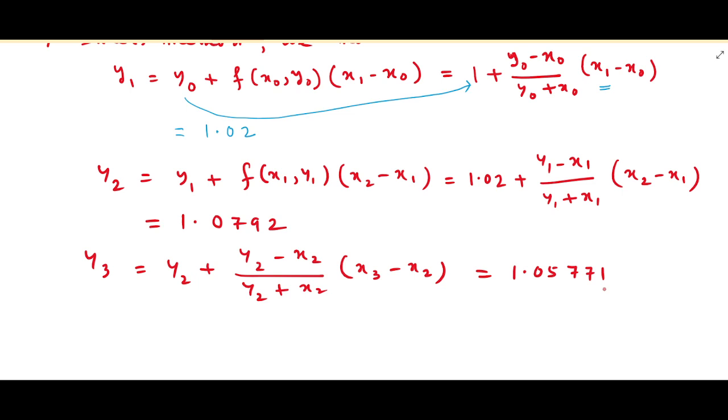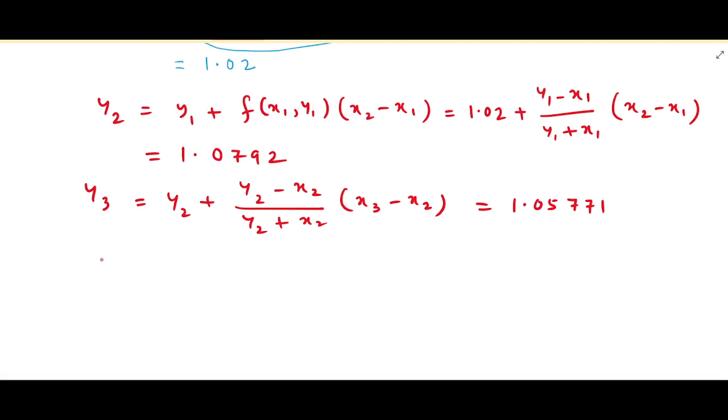I suggest you calculate it on your own. When I am calculating, I am getting this. A slight error may be there when you calculate, or you may get the exact same answer. In numerical analysis, in most cases the answer varies from person to person, depending on calculation.